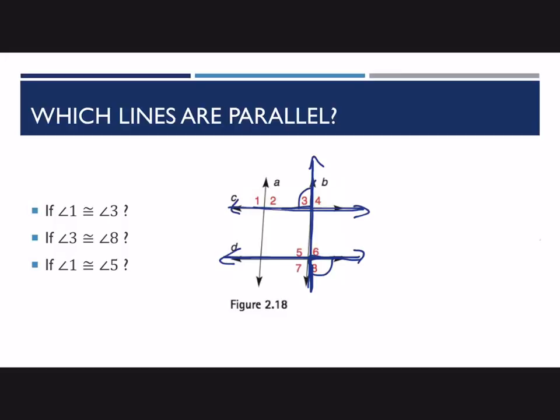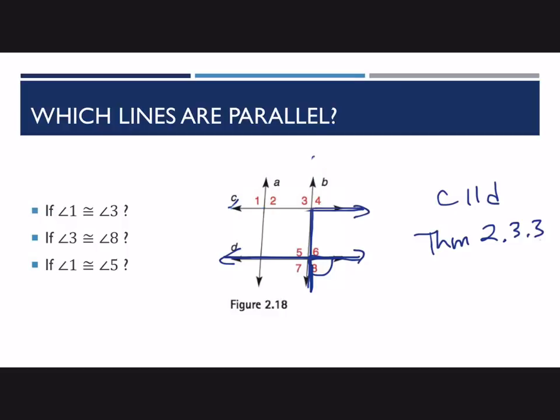So it looks like C and D are going to be the ones that we hope are parallel. So we just need to figure out what types of angles 3 and 8 are. Those are alternate exterior ones, and we didn't go through the proof, but theorem 2.3.3 says that if alternate exterior angles are congruent, then the lines are parallel.